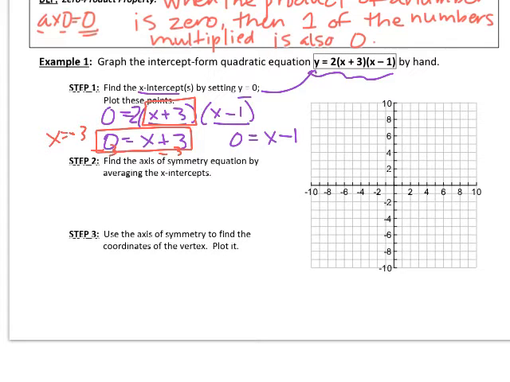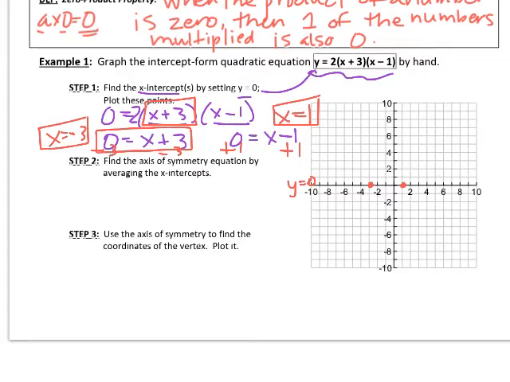And if I add 1 to both sides, then x is equal to 1. So I found two places where, when y is 0, x has a value: negative 3 on the x-axis, and it's also going to hit the graph at 1. Remember that y is 0 all along the x-axis.